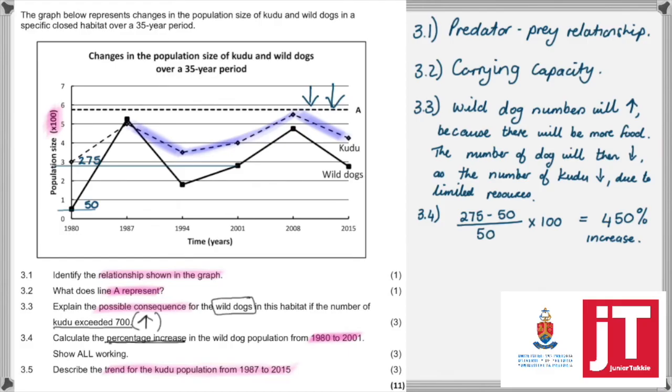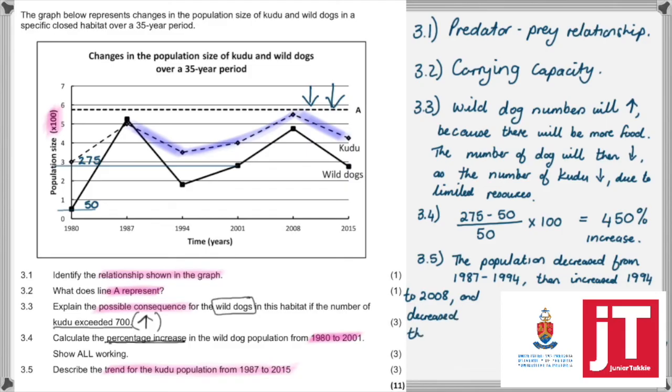At first the population of kudu decreases between 1987 and 1994. Between 1994 and 2008, we have an increase in the numbers of kudu, and thereafter, after 2008, the numbers decrease again. And that is how we would describe the trend for the kudu population from 1987 to 2015.